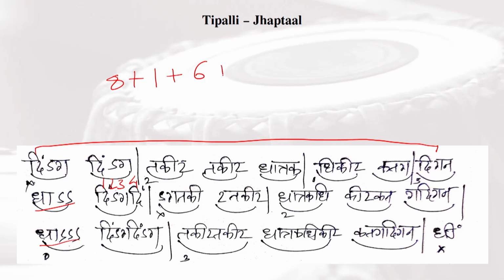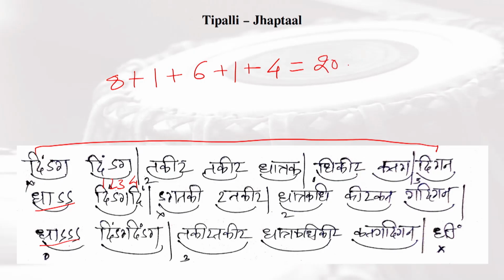Again pause of 1 matra, and then we have dinga dinga takita takita dhataka dhikita kataga digana. So it is a 4 matra length third palla now. Just we see the calculation now. 8 plus 1 9, 9 plus 6 15, 15 plus 1 that becomes 16, and 4 20.